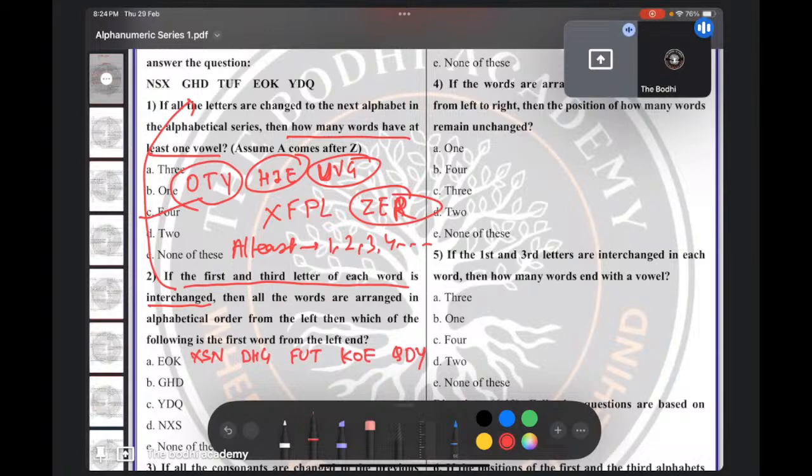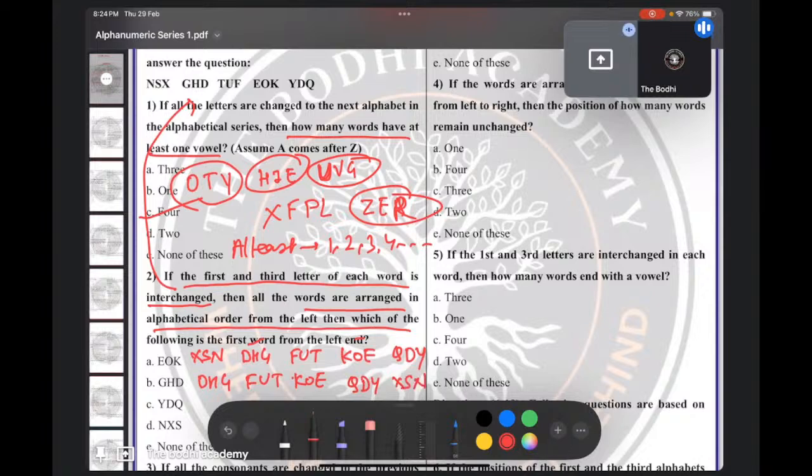Now all the words are arranged in alphabetical order from left. That means you have to arrange in alphabetical order from the left. So it will look something like this. D, H, G. Okay, this is done. Next F, U, T. Next K, O, E. Next Q, D, Y. And then next X, S, N.